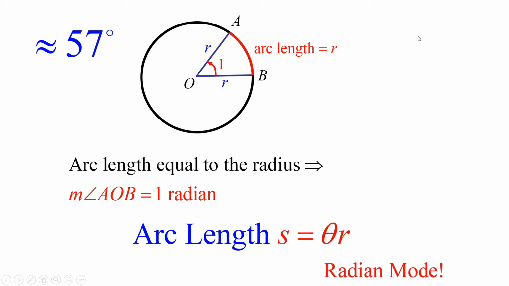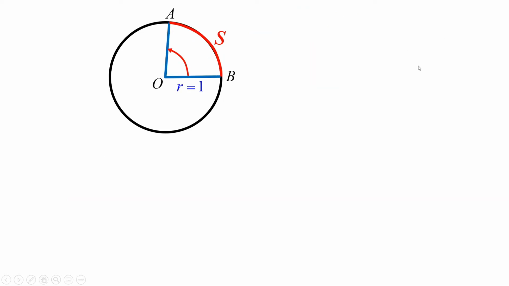So you've got to be in radian mode if they ask you for the arc length, and you know the radius of the circle and the central angle of the circle in radians. Okay. Now, so arc length S equals theta times r. So this one, the theta is 1, and the radius is r. So again, this is an arc length of r units, and this angle has a measure of 1 radian right there.